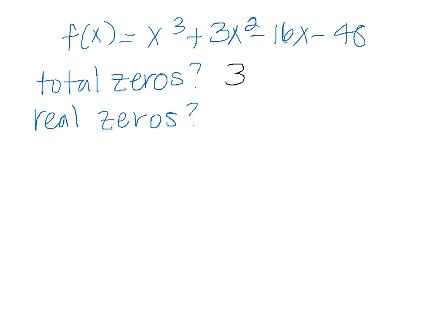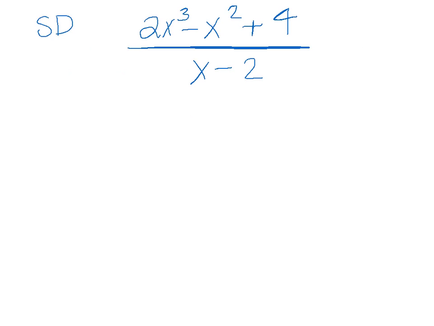Since this is the part with my graphing calculator though, I'm going to graph this function on my graphing calculator, and I'm going to just see how many times it crosses the x-axis. That would be the number of real zeros. So we might see real zeros, we might see x-intercepts. Those mean the same thing. It's important that we know what our terminology means and what it's asking for.